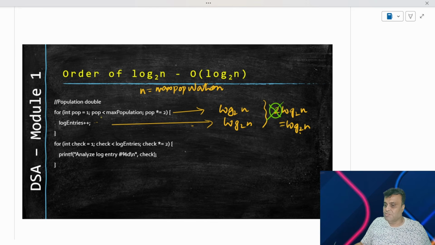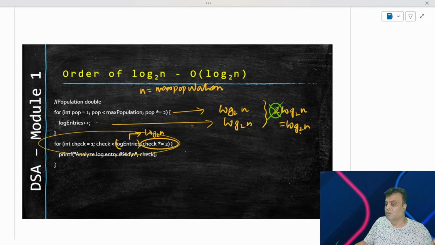So then that means that log entries executes itself log base 2 of n times. So if I put log entries here, then this is also going to execute itself for log base 2 of n times. But we have this as a log. This check star equal to 2 means that this entire for loop will execute itself for log base 2 times.